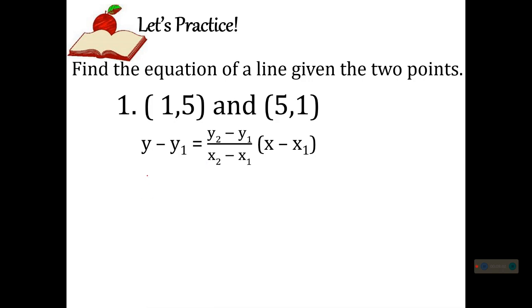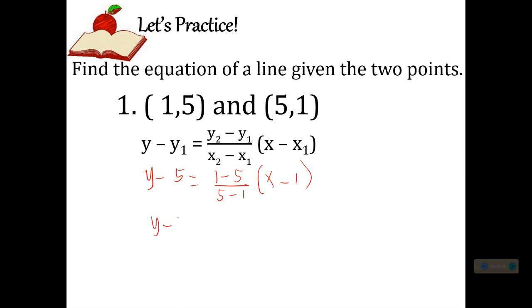We have here y minus our y sub 1, which is 5, equals our y sub 2, which is 1, minus our y sub 1, again 5, all over our x sub 2, which is 5, minus x sub 1, which is 1, times x minus our x sub 1, again 1.